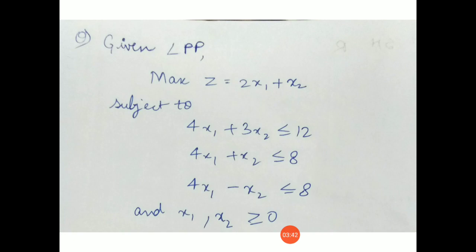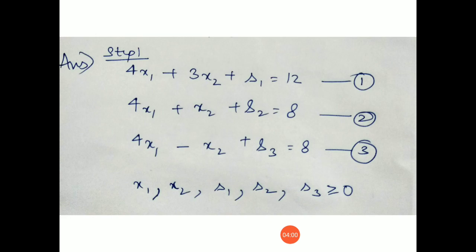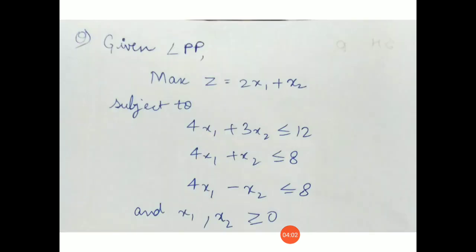So moving ahead with the solution, what we do in the case of the simplex method is convert all the inequality constraint equations into equation form, which I have done in this slide. I have converted all three inequality constraints, that is 4x1 plus 3x2 less than or equal to 12, 4x1 plus x2 less than or equal to 8, 4x1 minus x2 less than or equal to 8.